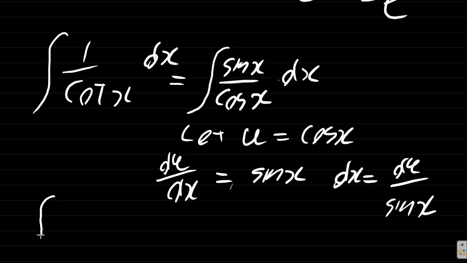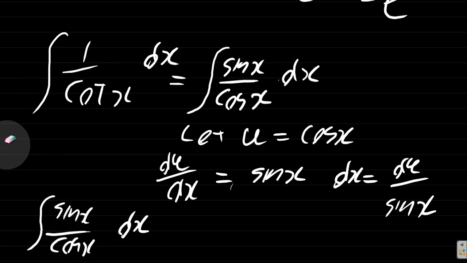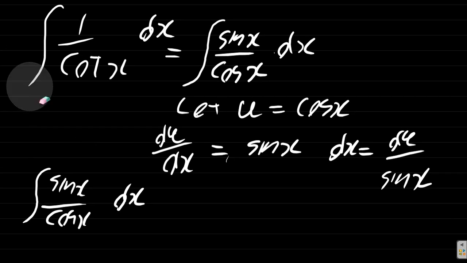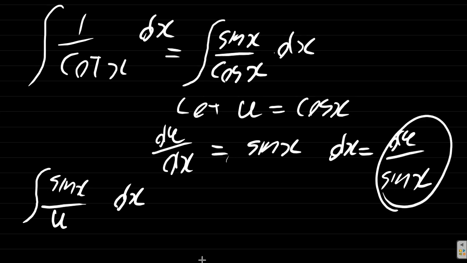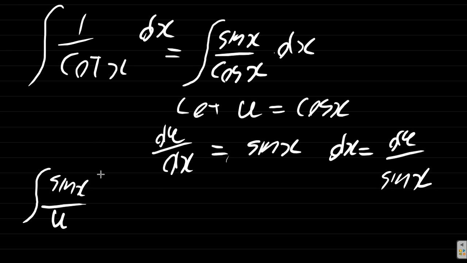So what we have is the integral of sine x over cos x dx. But we said that u is equal to cosine x. So we can remove this cosine x and put u there instead. And then dx, but dx is du over sine x. So let's remove this dx and put du over sine x there instead.